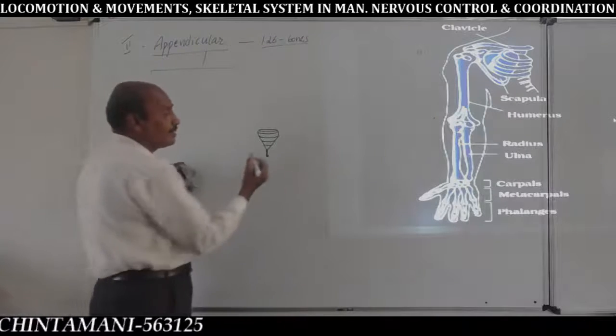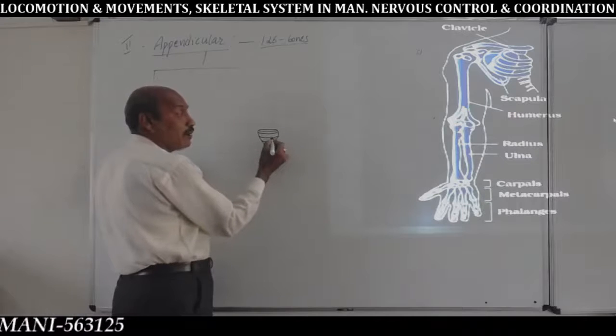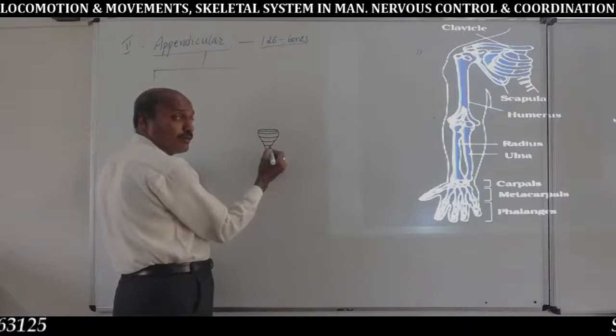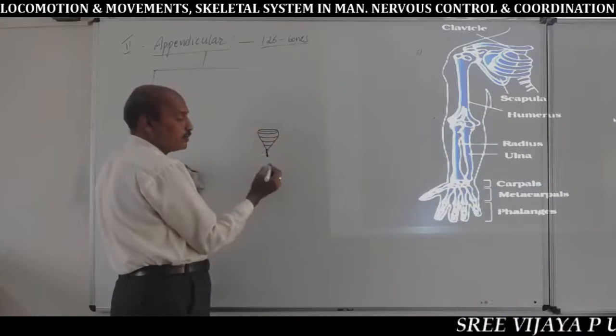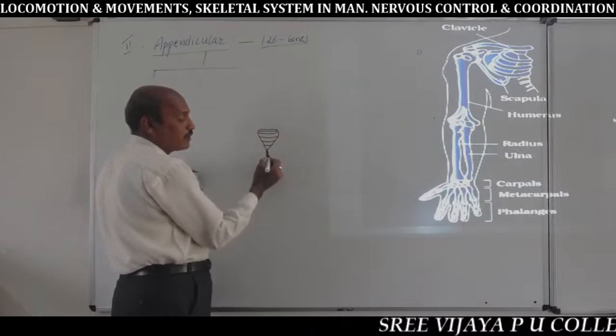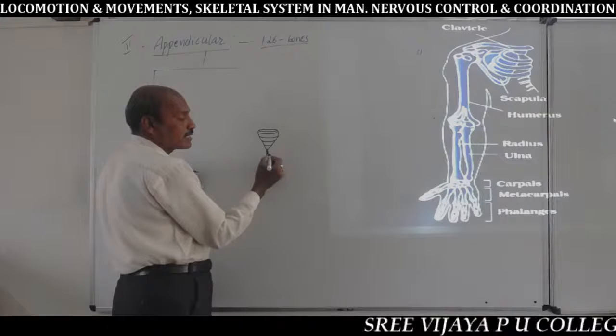Listen here, this triangle bone is formed by fusion of sub-bones. That is the sacral bone. Below the sacral bone is the coccyx bone.